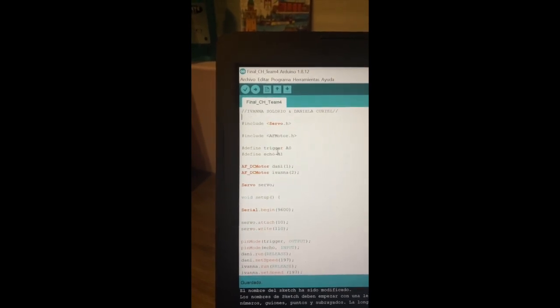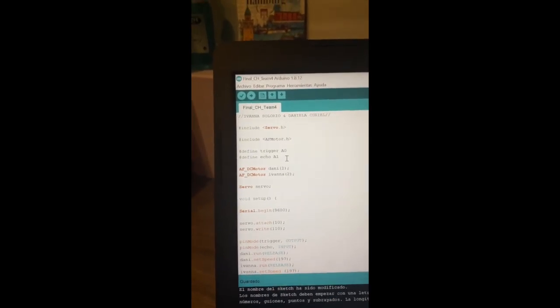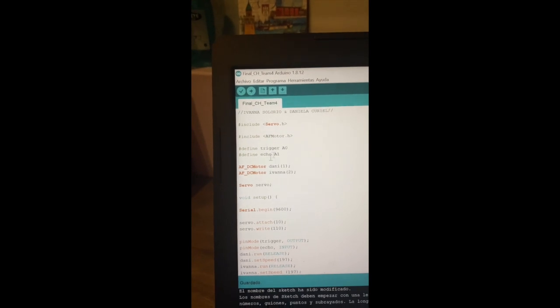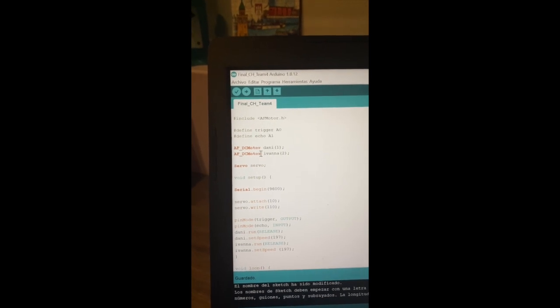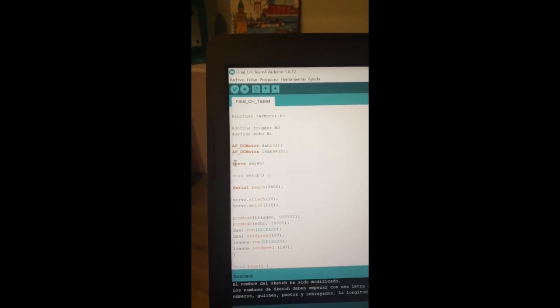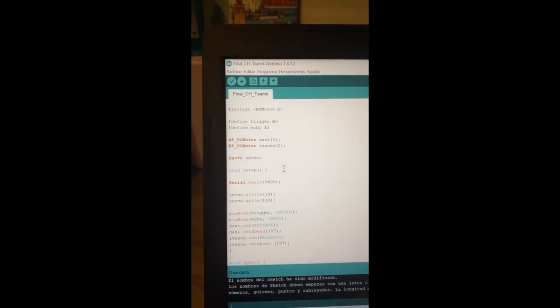And we are defining where we're plugging our connections to the driver for the ultrasonic sensor. And now this is how we named our motors, and our servo, we called it servo.